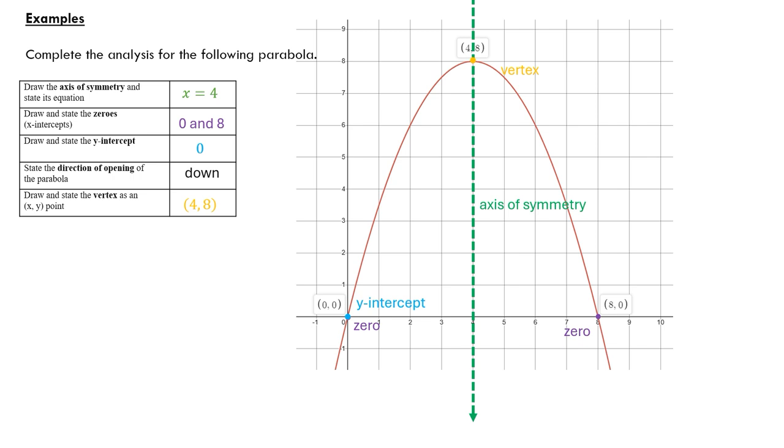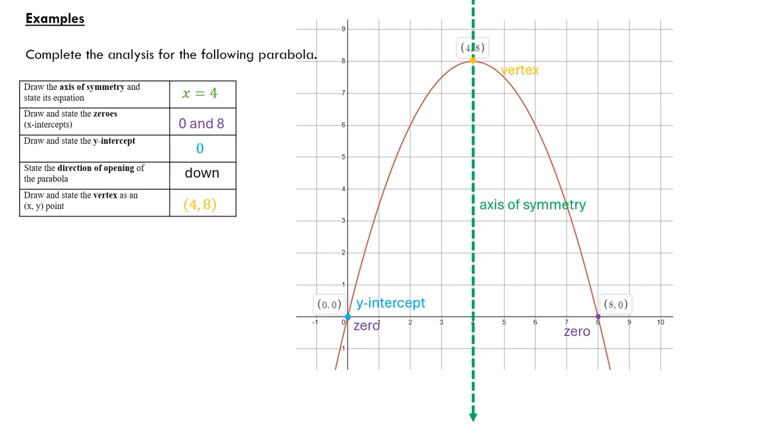In this example, once again, we're asked to draw the axis of symmetry. We find the vertex, and we see that it's right here where x has a value of 4. So this entire line or axis of symmetry is x equals 4. The zeros, or the x-intercepts, well, the graph crosses the x-axis at the points 0 and 8.